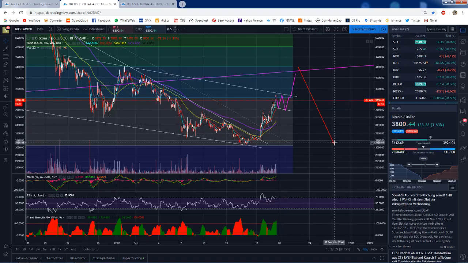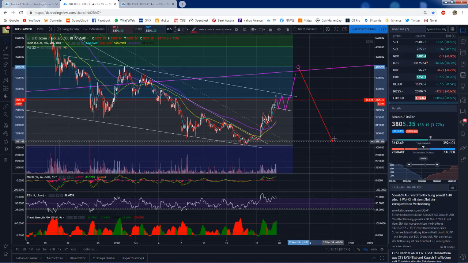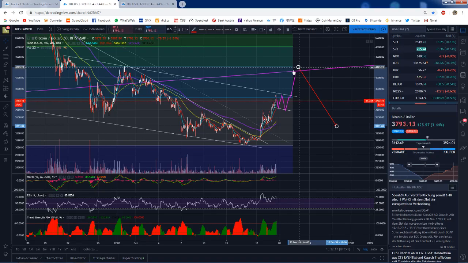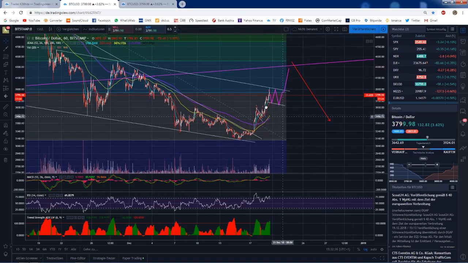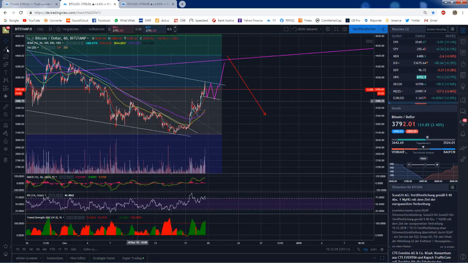I don't know if this is going to happen. What could very much happen is that we find resistance here, maybe also find resistance here, and then go back here.